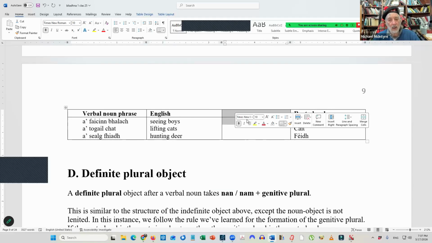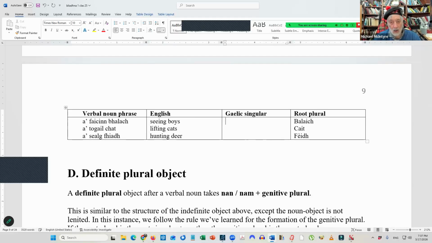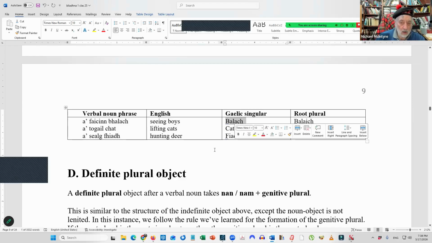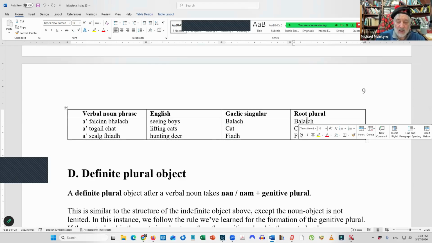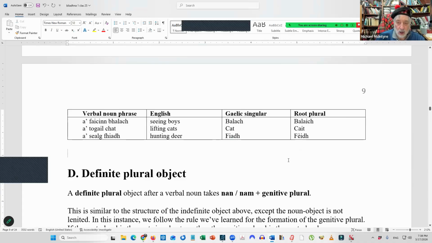The Gaelic singular: Balak, Kat, Fieg. So you see that the verbal noun phrase follows the singular, because the plural is slenderized or otherwise changed, but does not have an -an ending.